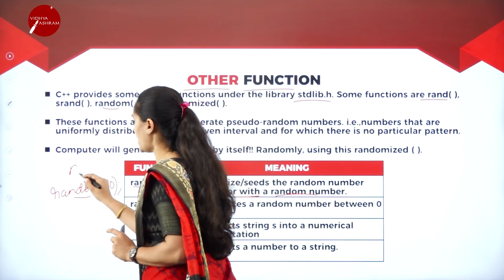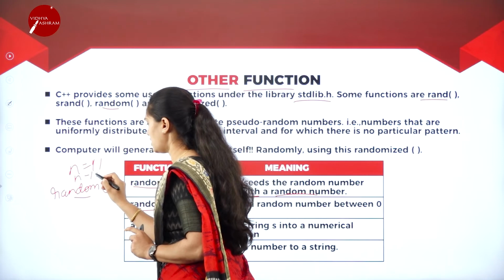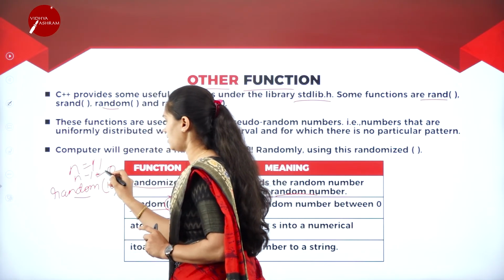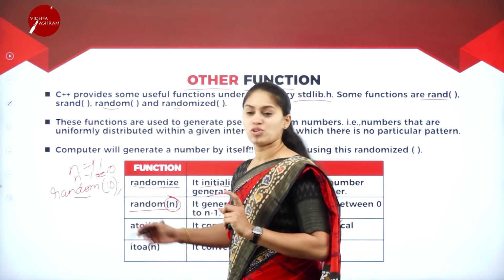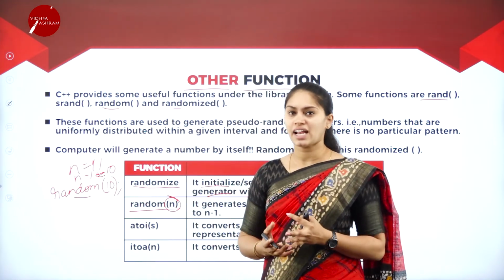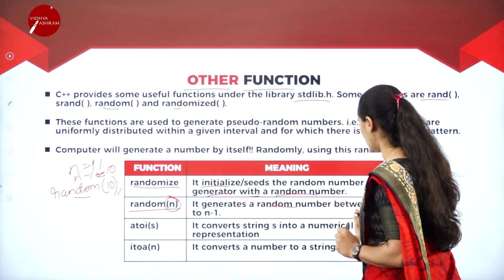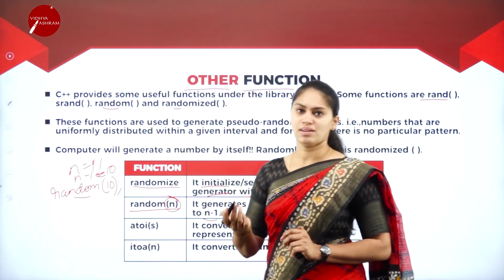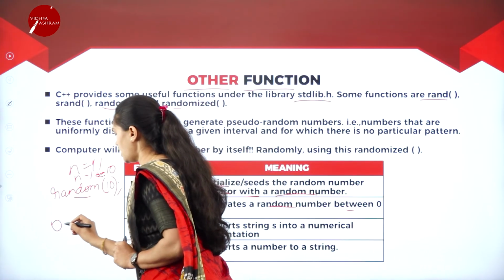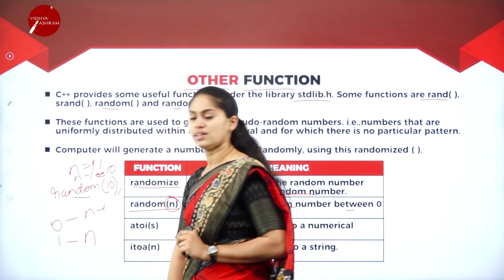So if the n value is 11, then it will take n minus 1 and return values from 0 to 10, which are random in nature. Okay, so random generates a random number between 0 and n minus 1.